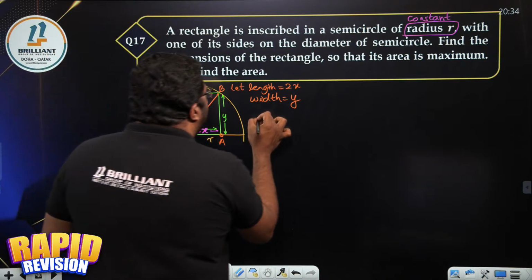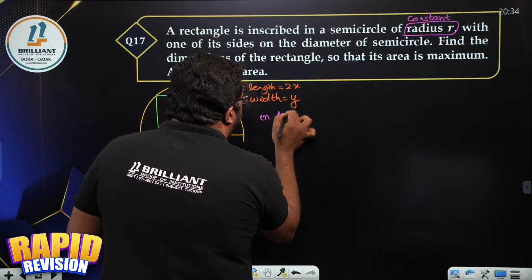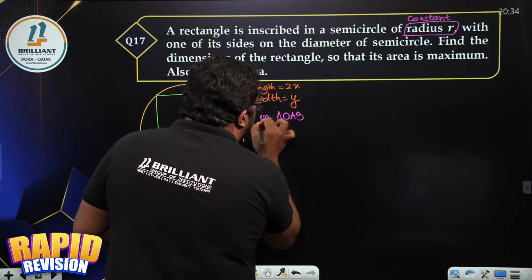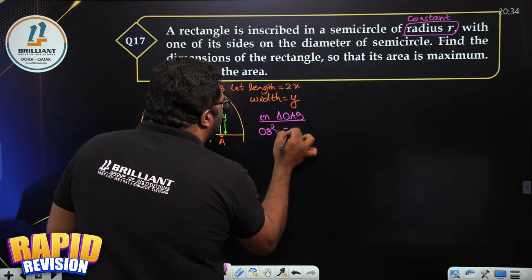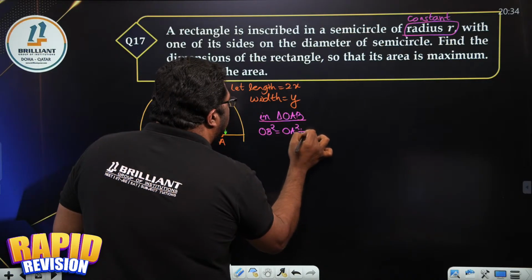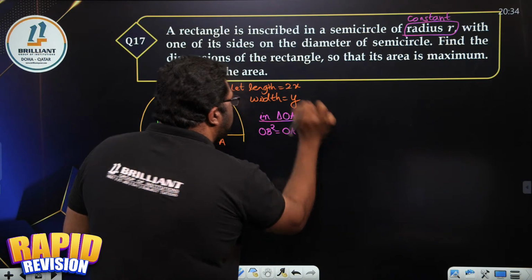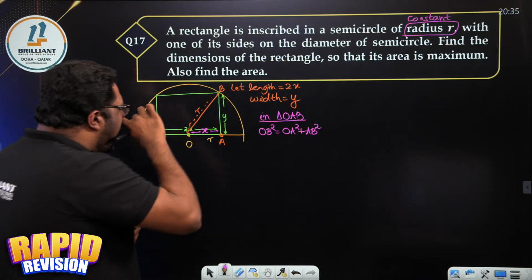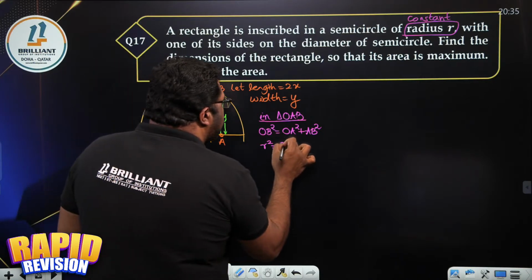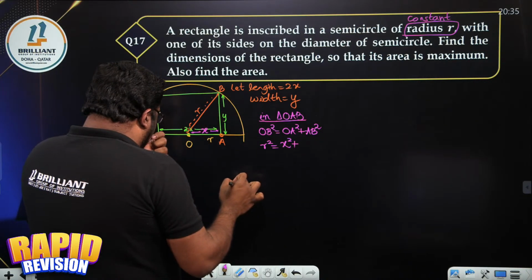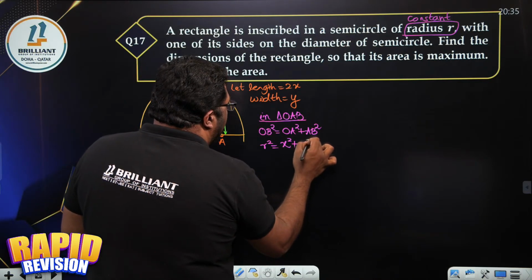Now in triangle OAB, OB squared equals OA squared plus AB squared. OB squared is r squared, OA squared is x squared, and AB squared is y squared.